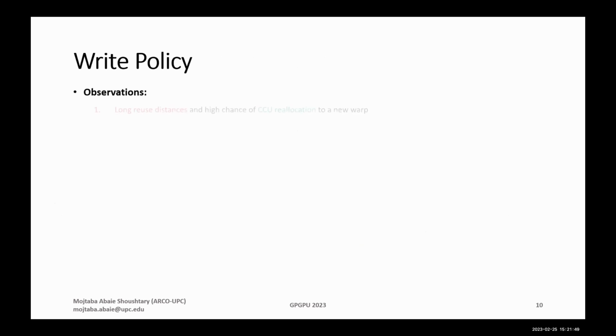We also define the right policy based on these observations. We had the observation that in our benchmark sets, we have long reuse distances, and as we are using a one-level warp scheduler, there's a high chance of reallocation of the CCU by a new warp.